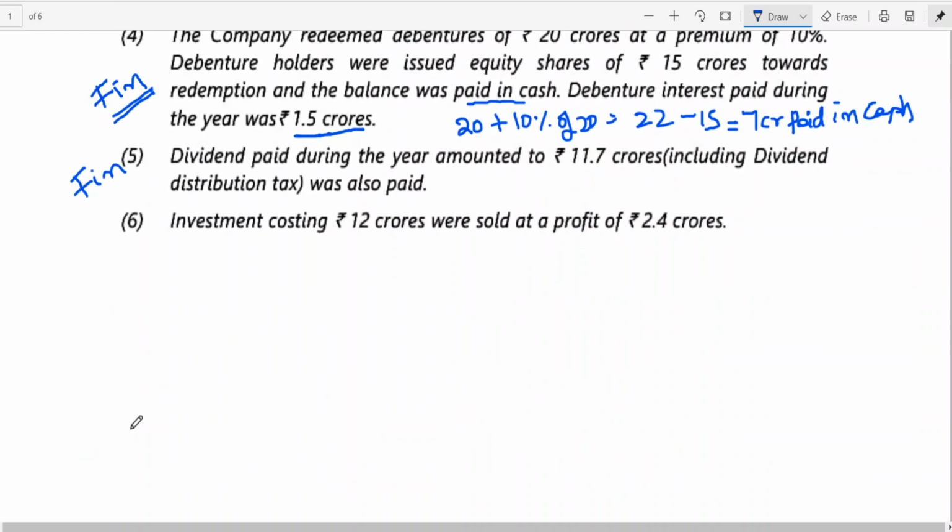Investment costing 12 crores was sold at a profit of 2.4 crores. I think this is investing activity. Cost plus profit, that is 12 plus 2.4, 14.4 crores is the sale proceeds of investing activity.